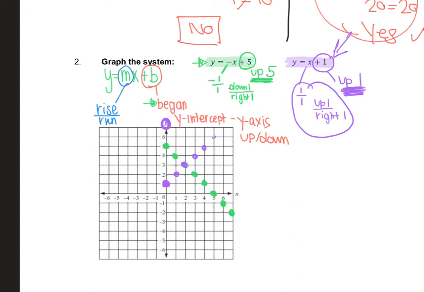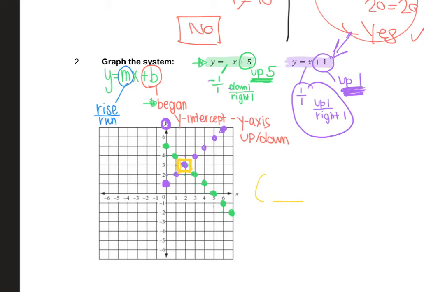And you see I can continue on, but I don't really need to because I'm looking for the point that was common, the point that was an overlap. The point where they overlapped was this one that I just put a square around, right here.